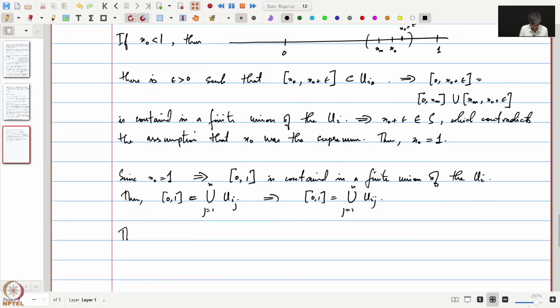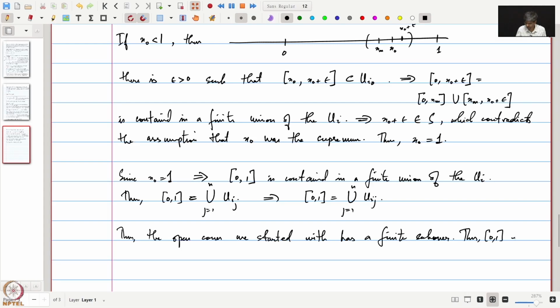So this proves that the open cover we started with has a finite subcover. Thus this interval is compact. This completes the proof of the theorem.